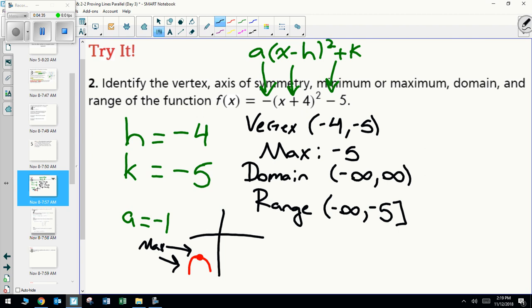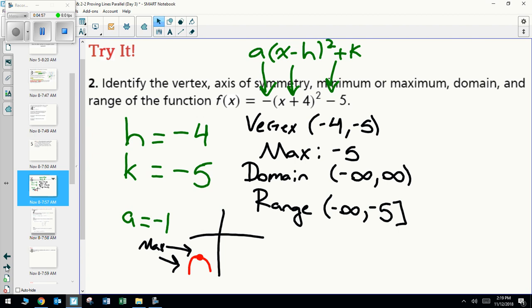So I didn't really do anything math-wise besides interpreting the information that was given to me. I knew the vertex from identifying what was in place of h and k in the standard vertex form, and I also realized that a of -1 makes it open downwards, which tells me I have a maximum, and it tells me how to find the range.